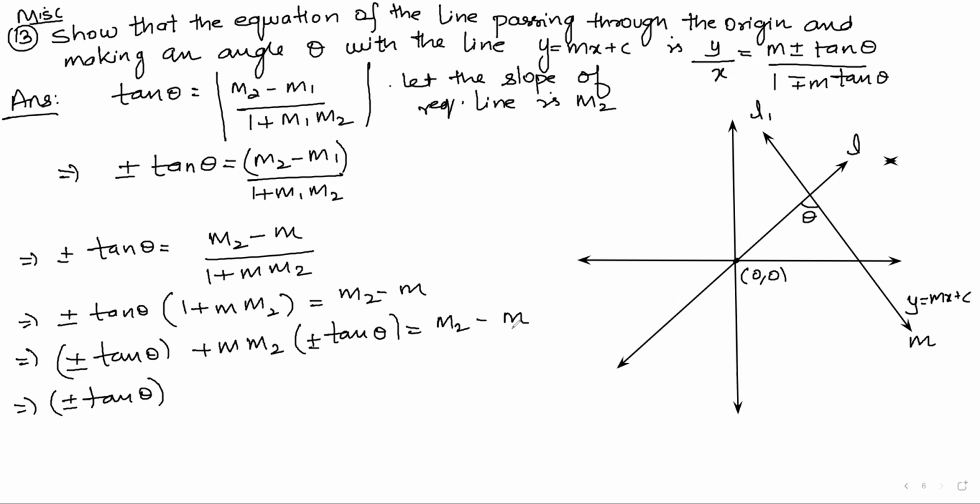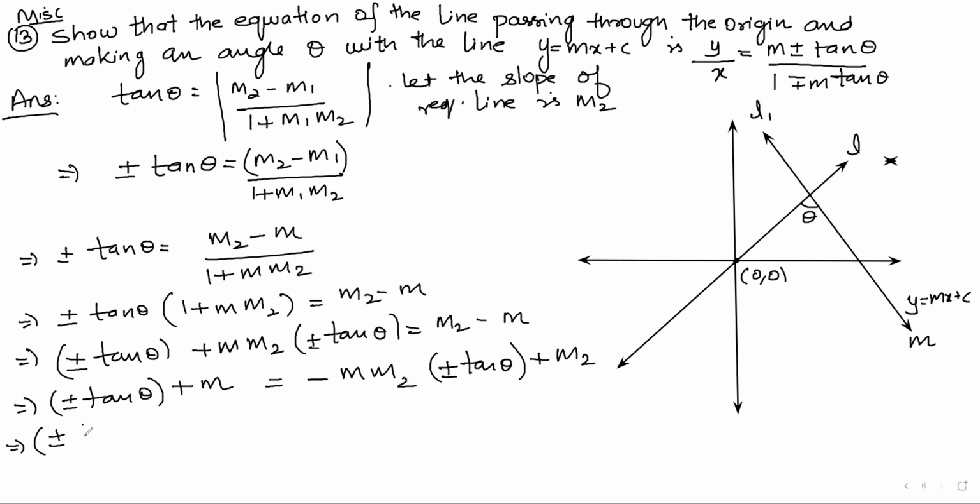and we need the value of m2. Shift this m to this side, plus m, and shift this to the right side. So when we shift this to the right side, this becomes minus m into m2 and plus minus tan theta, and this is plus m2.